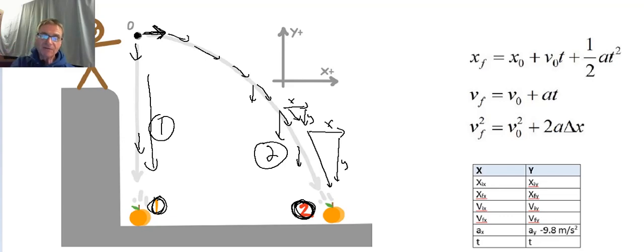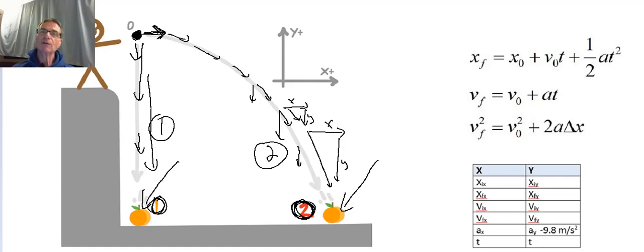So if I can find the time that it takes peach number 1 to hit the ground as if I just dropped it, if the funny looking guy just dropped the peach to the ground from the height of his hand, we could find that time.